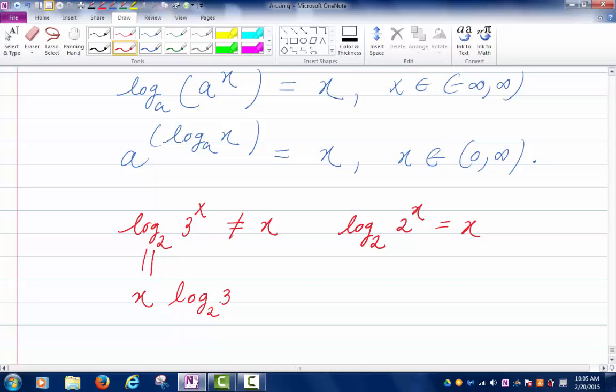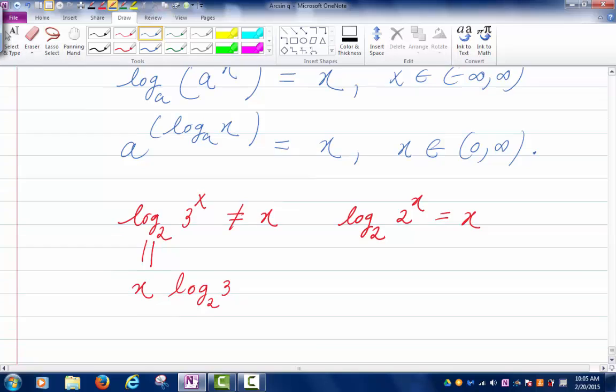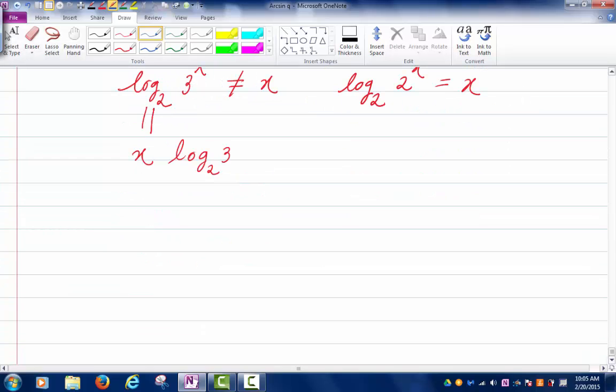Is everybody okay? Any questions on that? Remember that we had this number e, which is a very special number in the sense that ln of e is 1, right? And notice that ln of x is basically the log function with base e.